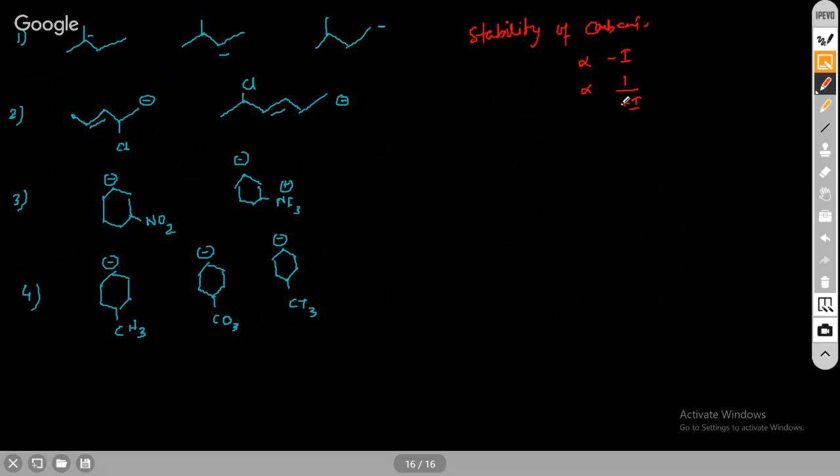So here you see this is a 3-degree carbanion, this is a 2-degree carbanion, and this is a 1-degree carbanion. It has 3 electron releasing groups. So stability of this will be least, then we have second, and then we have first.